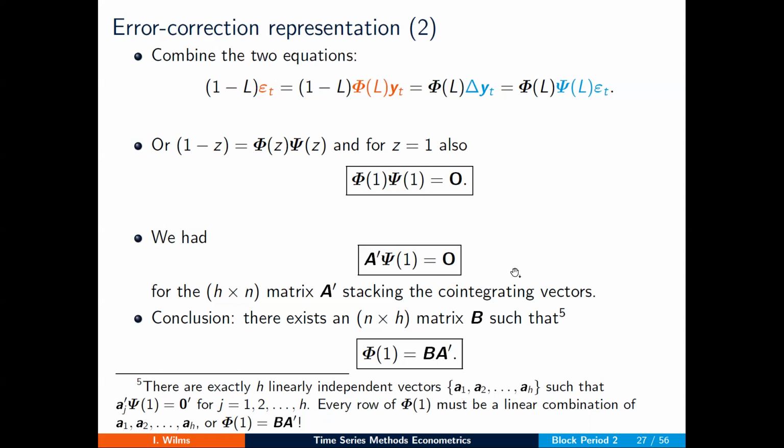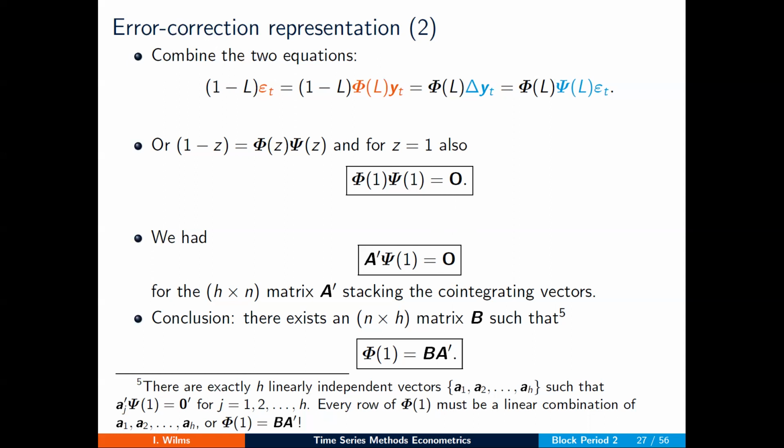Well, let's say that phi is a row of the matrix phi1. Then we know that phi prime times psi1 needs to be equal to 0. But that is exactly the property of a co-integrating vector. So phi needs to be a co-integrating vector.